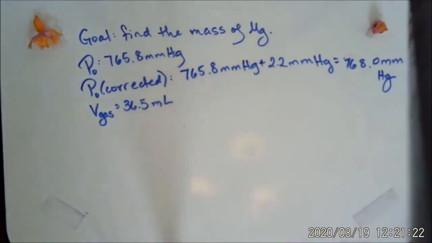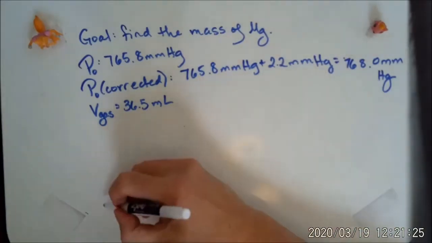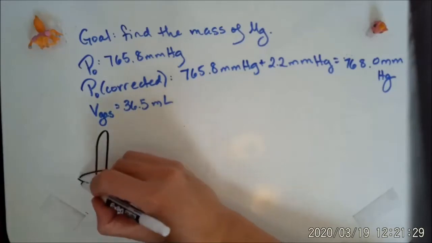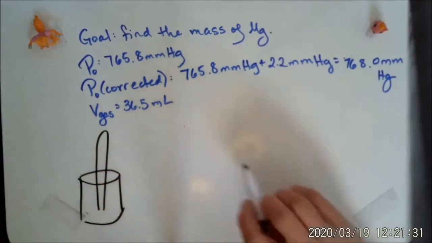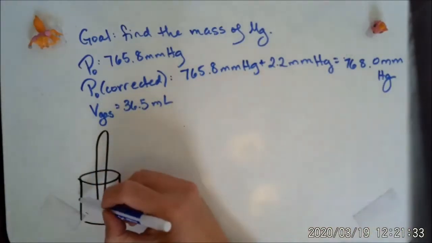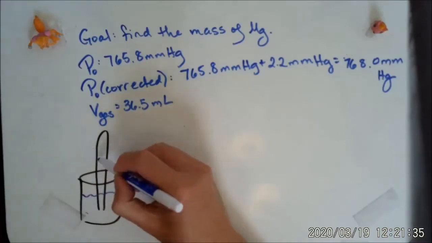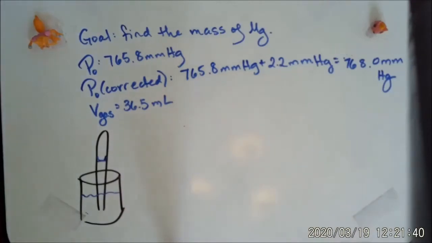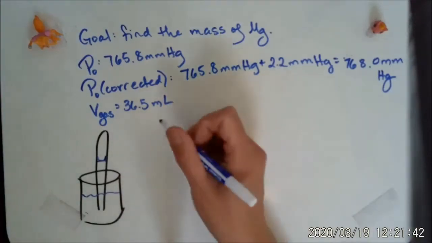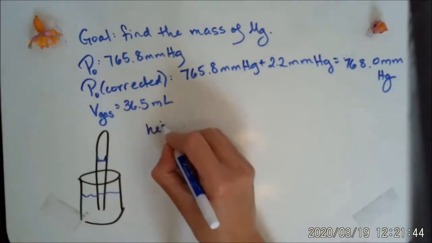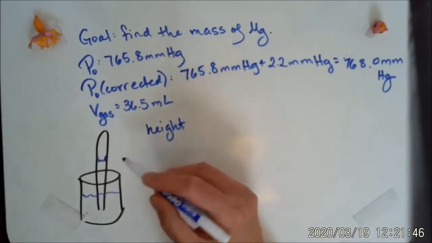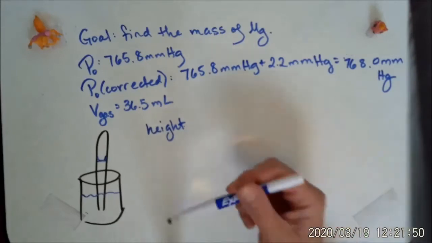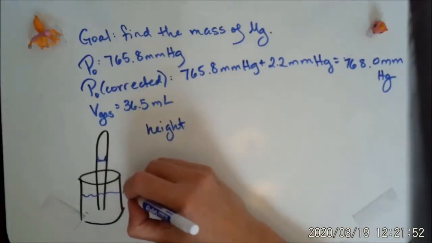The other thing, we will just redraw the setup here. When we find what we need to do is that height, we need the height to find out what P inside is versus P outside. This height you measure with a ruler.